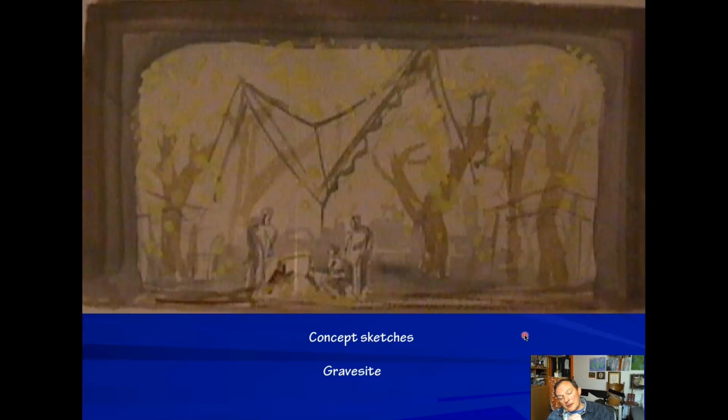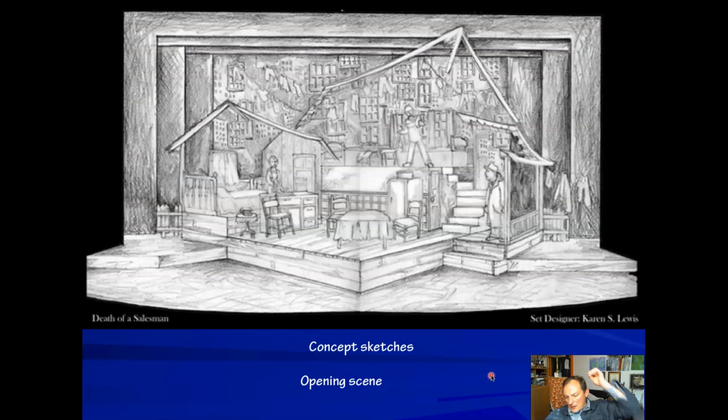Spoiler alert: Willy, the salesman, dies, and there's a grave scene sketched with some projection of branches and trees, kind of suggested, and a wagon with the grave on it.